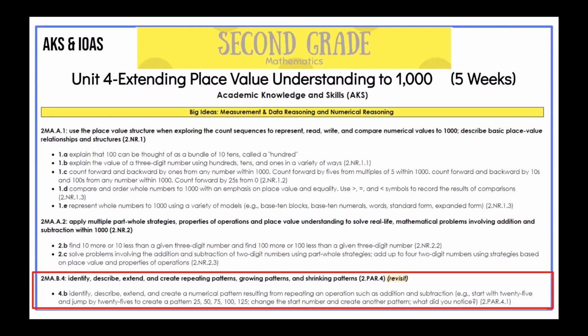Through IOA 4B, students will continue to identify, describe, extend, and create numerical patterns resulting from repeating an operation, such as addition and subtraction, involving intervals of 1, 2, 5, 10s, and 25s. You will notice in the suggested lessons and resources that we will include patterns involving the same intervals, but the numbers in our suggested lessons and resources may contain larger quantities than they did in quarter 1.